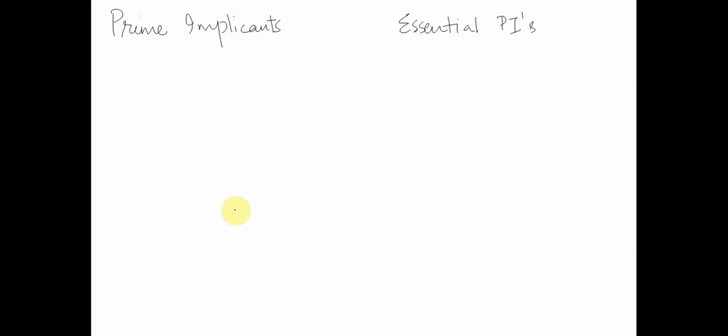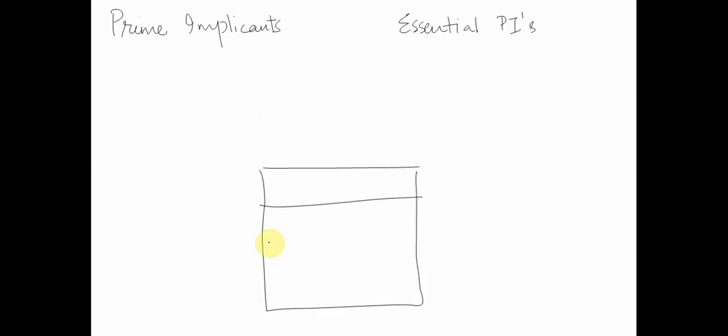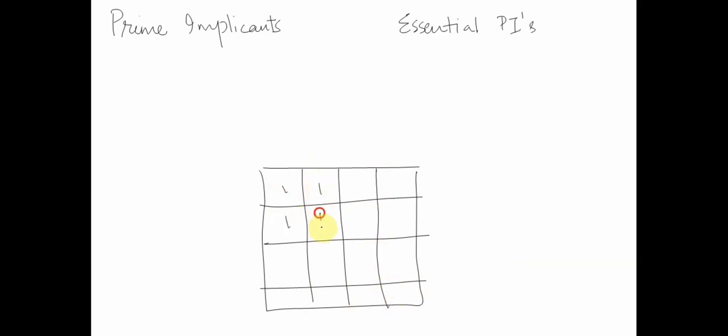For example, let me take a K-map example. So if I draw a K-map, now in this K-map let's create some entries. Let's assume we have something like 1 1 1 1 1 here, 1 here, 1 here, 1 here.